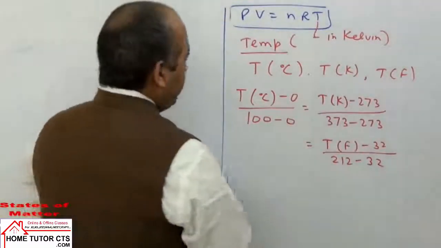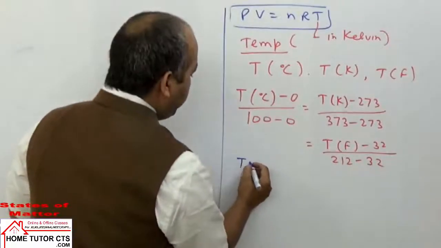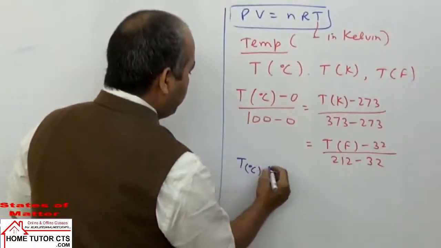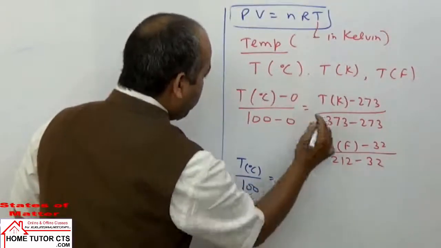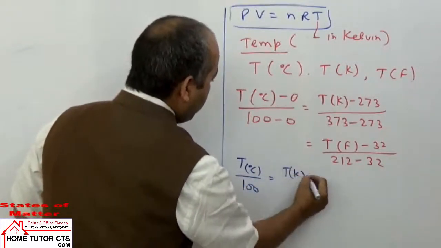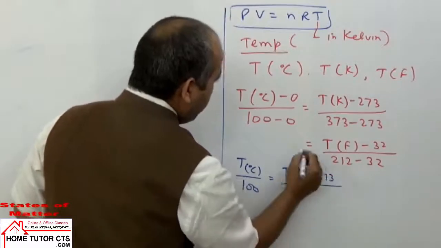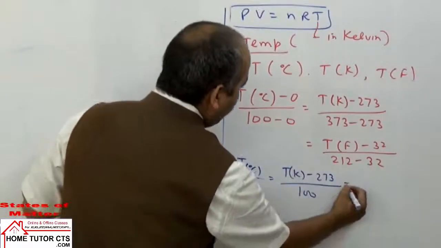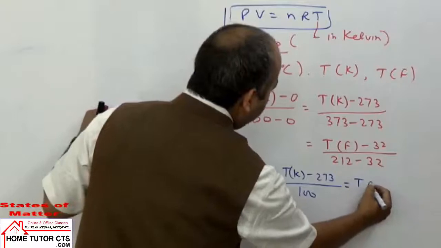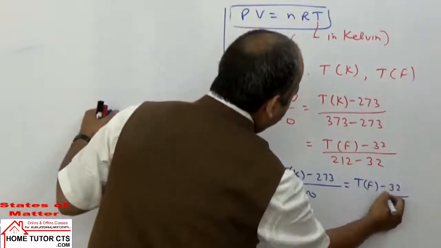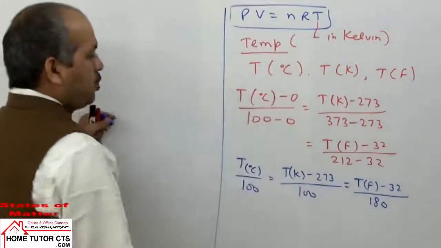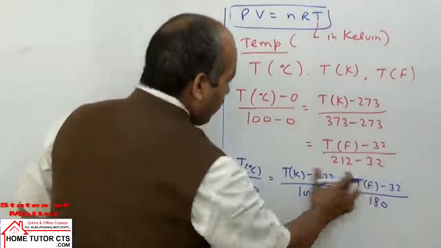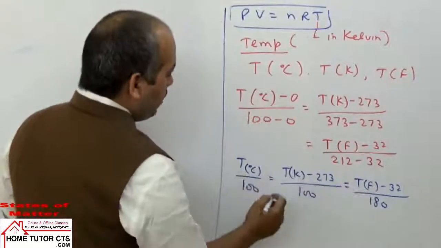So when we relate here, temperature in degree Celsius by 100 is equal to temperature in Kelvin scale minus 273 by 100, or temperature in Fahrenheit scale minus 32 by 180. So this gives the relation for all the scales of temperature.